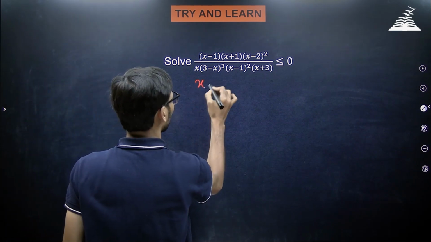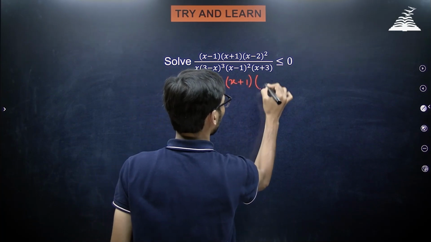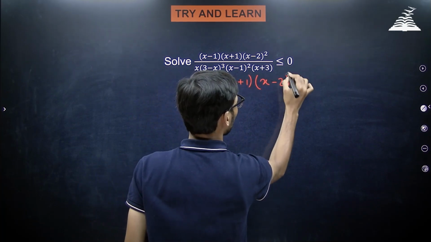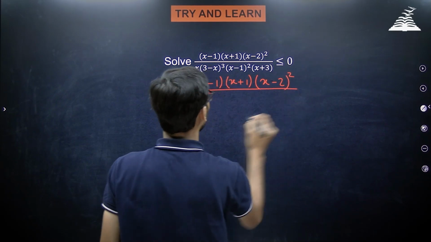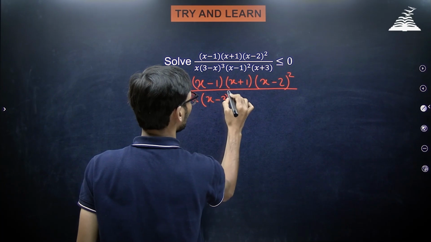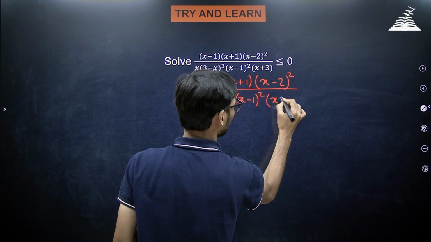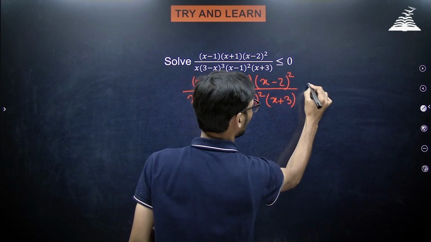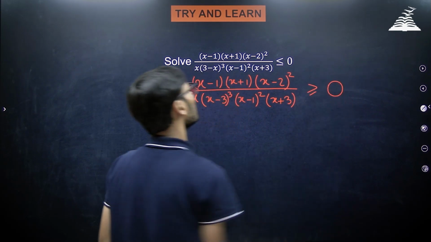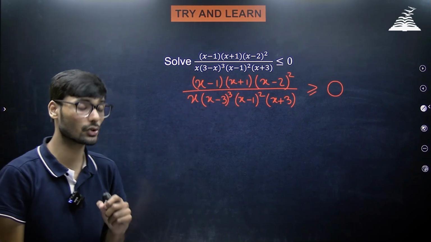So our expression is (x minus 1)(x plus 1)(x minus 2) whole square divided by x into (x minus 3) whole cube into (x minus 1) whole square into (x plus 3), and this will be greater than or equal to 0. Because we are multiplying by minus 1, the sign of the inequality is going to change.